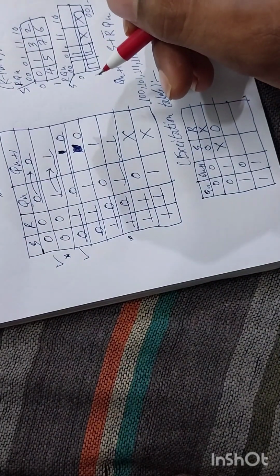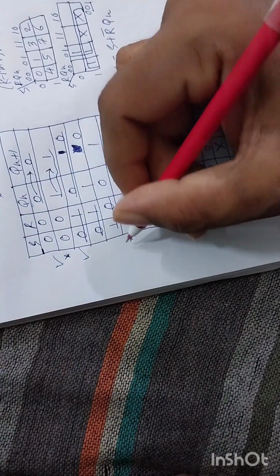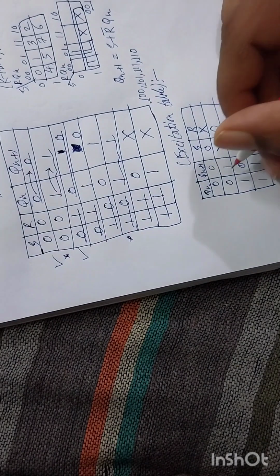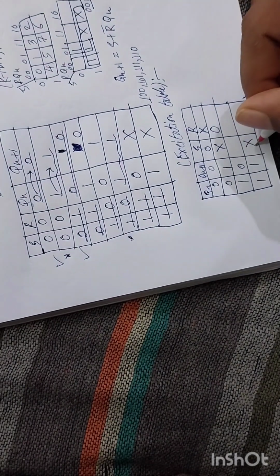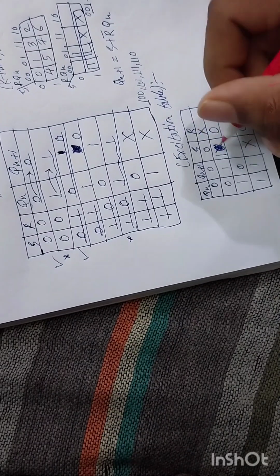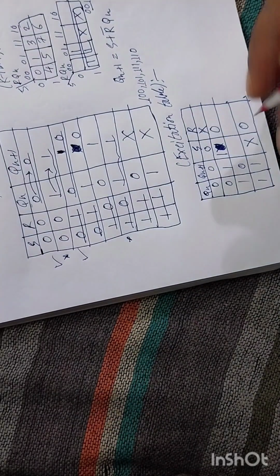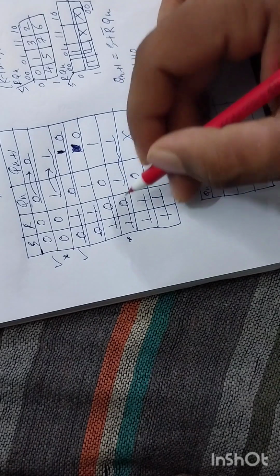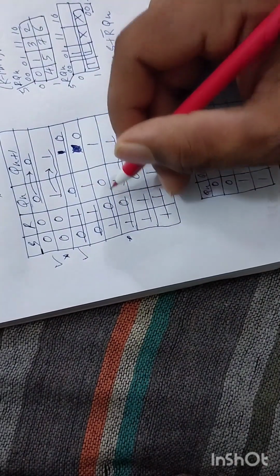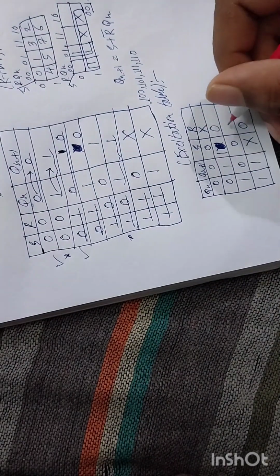Okay, and for 0 1 it is 1 0, and for 1 0 it is 0 1.